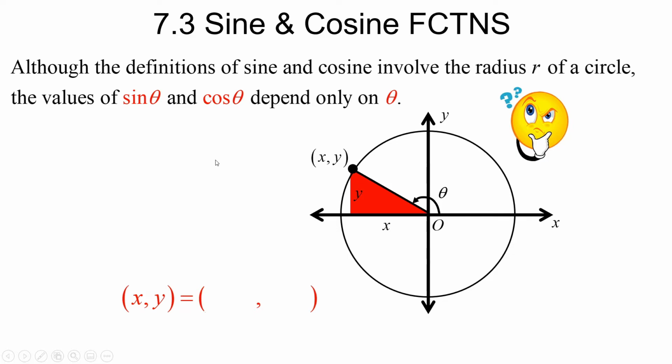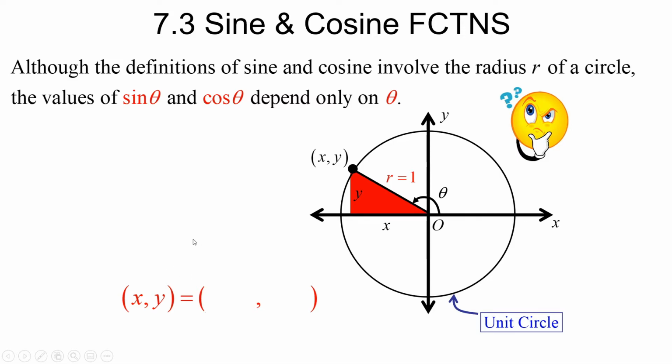Let's say that this circle is the unit circle. That means it's a circle with a radius of 1. So r here equals 1. Now, guess what happens right here? Think about that.